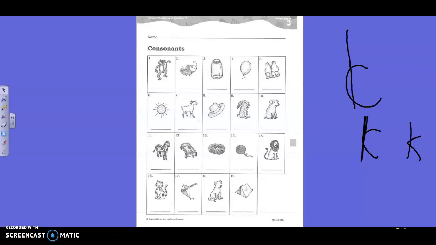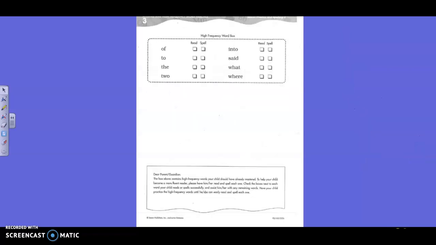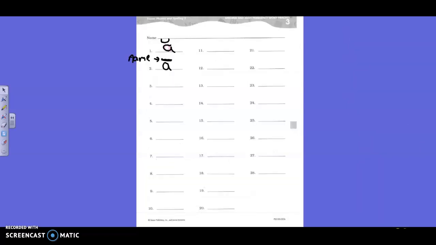All right, boys and girls. Get back out your spelling high-frequency worksheet. The first one that we did. Okay? Go back to this one. Everybody there? All right, boys and girls.